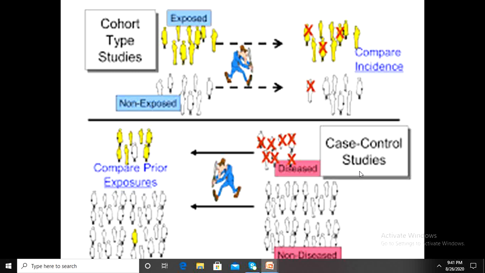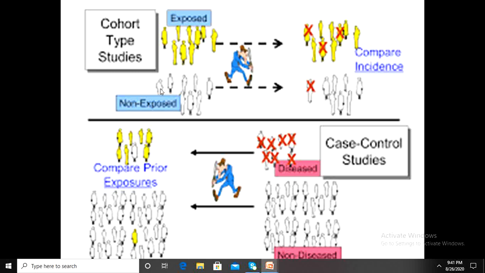So how do we compare cohort studies with case control studies? In case control studies, we start with an already diseased population and a control group and retrospectively go back in time and assess what the exposure rate was between the diseased and the non-diseased. And we want to calculate the odds ratio.